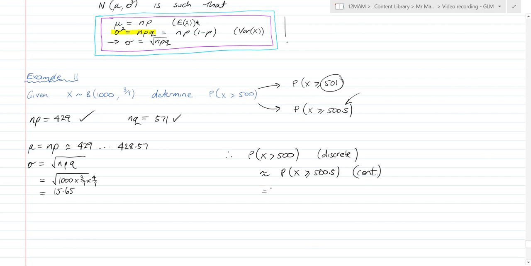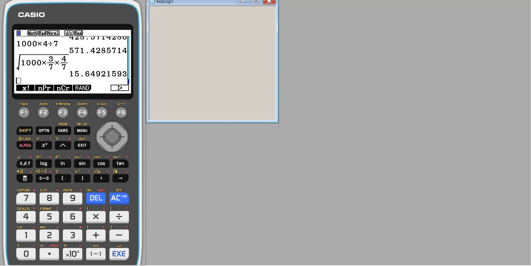And for that I've got my mu and my sigma, so I'm going to be doing normal CD. My lower bound will be 500.5. My upper bound will be 1,000 because that's the most I can get, so it's far enough away. My standard deviation is 15.65 and my mean is 428.57.